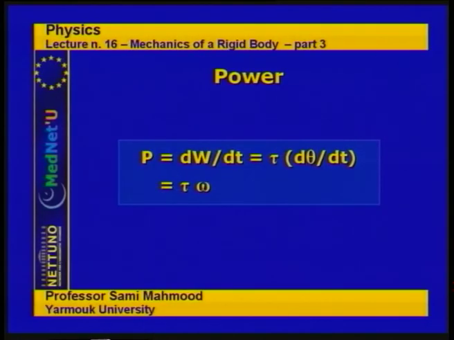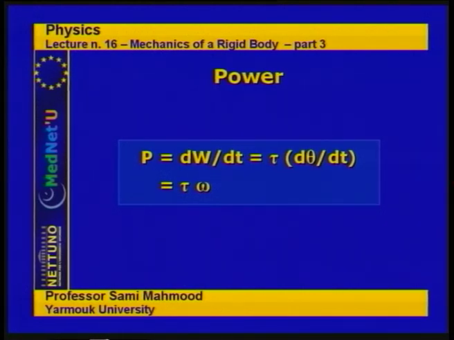In this sense, we are concerned with the quantity which we call the power. It's the rate of change of work, defined, as we did mention previously, as the derivative of the work with respect to time. It's the rate of change of work done by the torque with respect to time.